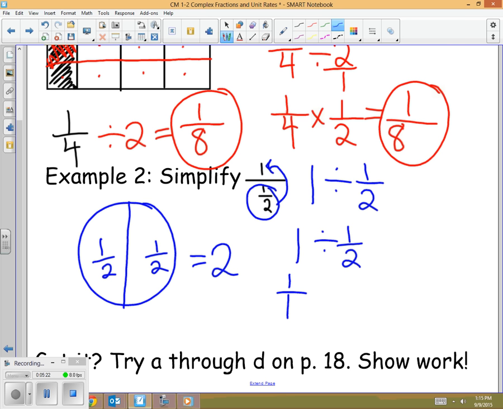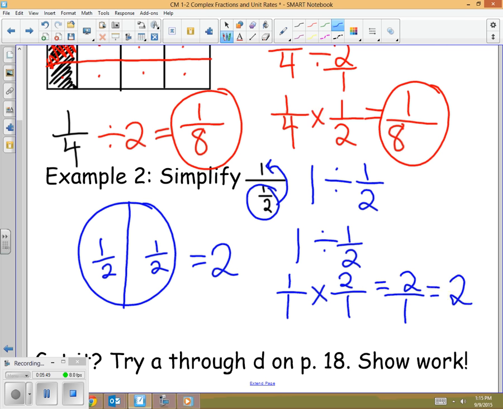Again, instead of division, you can change it to multiplication. And now instead of 1 over 2, you change it to 2 over 1. You multiply straight across. 1 times 2 equals 2. 1 times 1 is equal to 1. Since 2 over 1 is equivalent to 2, we know that our answer is 2.